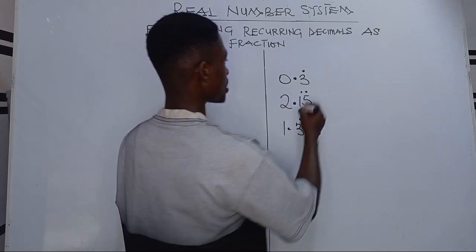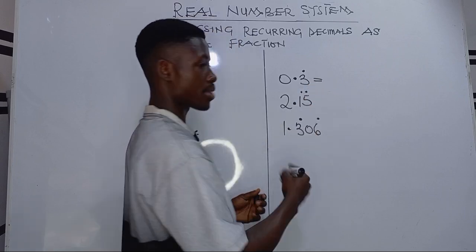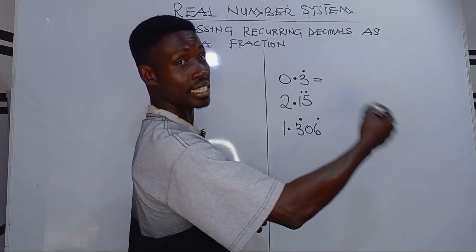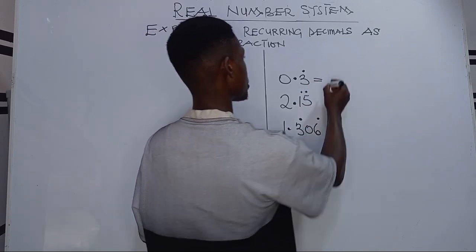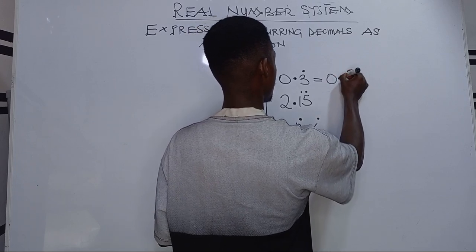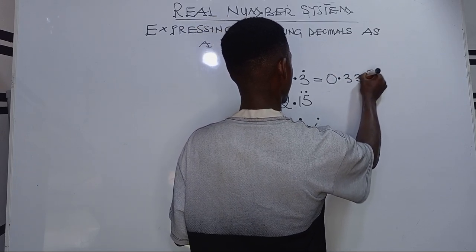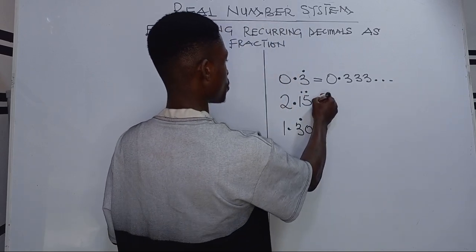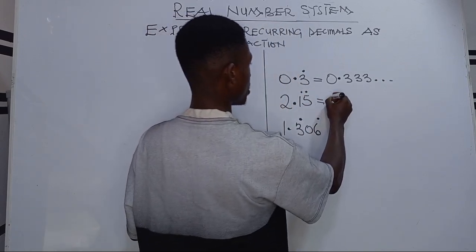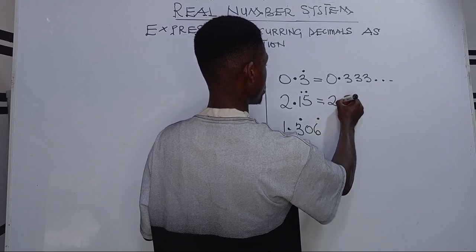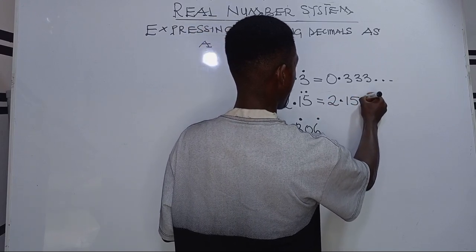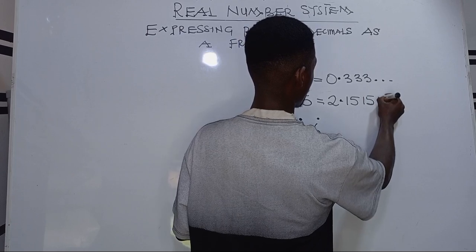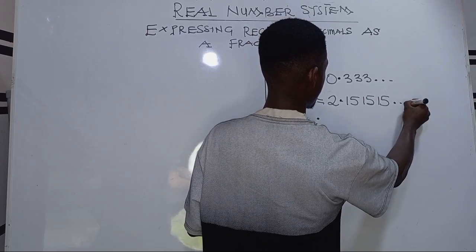So we learned that the number 3 recurs or repeats infinitely. So we can write this as 0.333 up to infinity. And then 2.15, we can rewrite it as 2.151515 up to where?